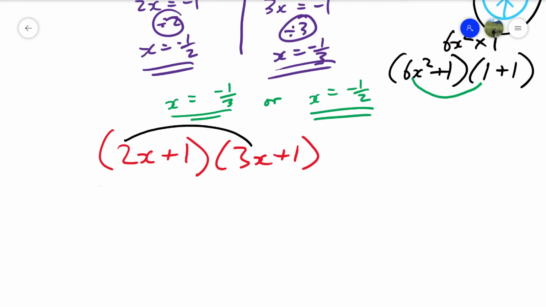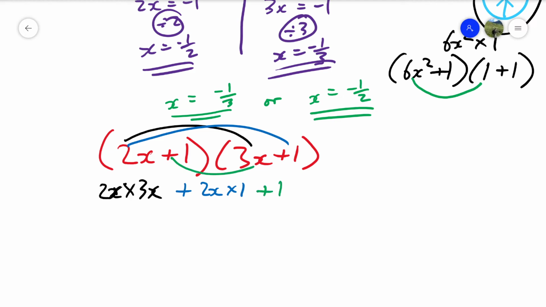2x times 3x, plus 2x times 1, plus 1 times 3x, plus 1 times 1. Now let's simplify them.